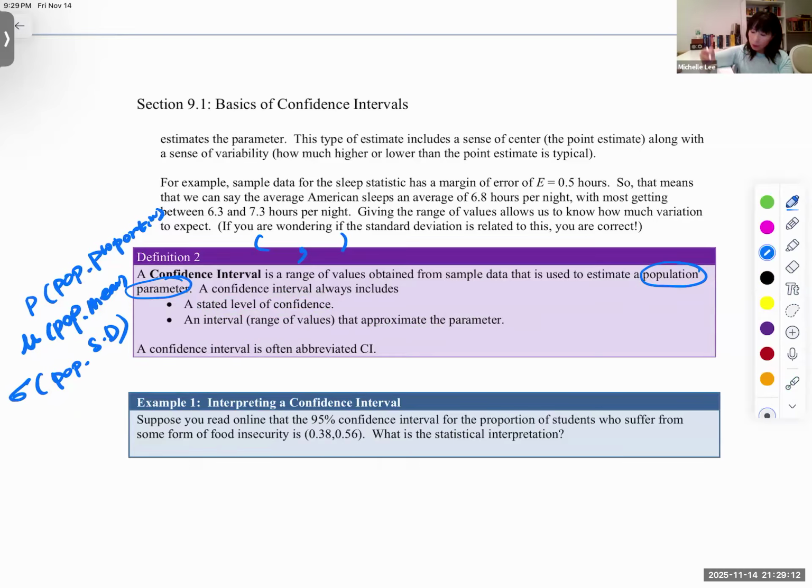So the parameter in this case will be P or mu, right? Confidence interval is abbreviated CI, using the first letter of confidence, C, and the first letter of interval, I. Make sense? All right.